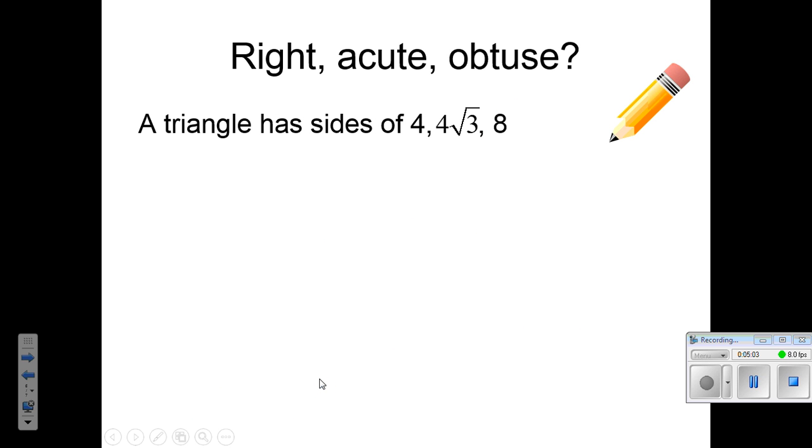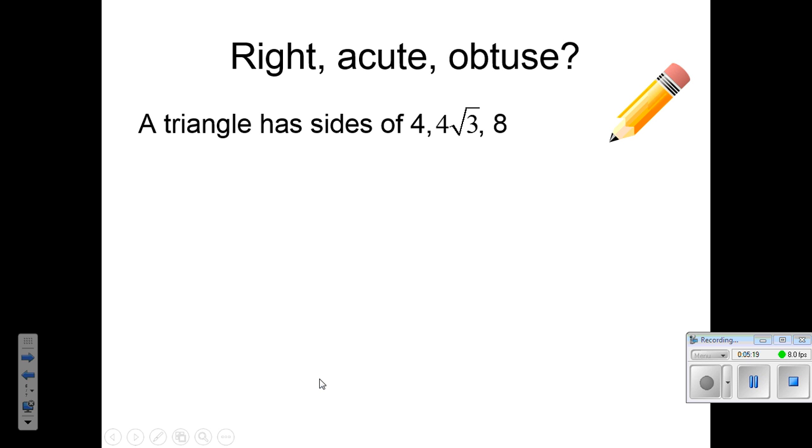Let's try another one. Is this right, acute, or obtuse? Well, the triangle has sides of 4, 4 times the square root of 3, and 8.